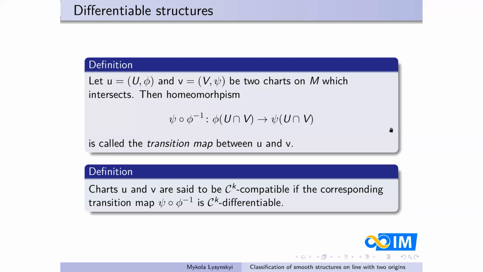If we have two charts on our manifold which intersect, then the homeomorphism between the images of the intersections of these charts we will call the transition map between these charts. We say that two charts are C^k compatible if the corresponding transition map is C^k differentiable in the multivariable calculus sense.